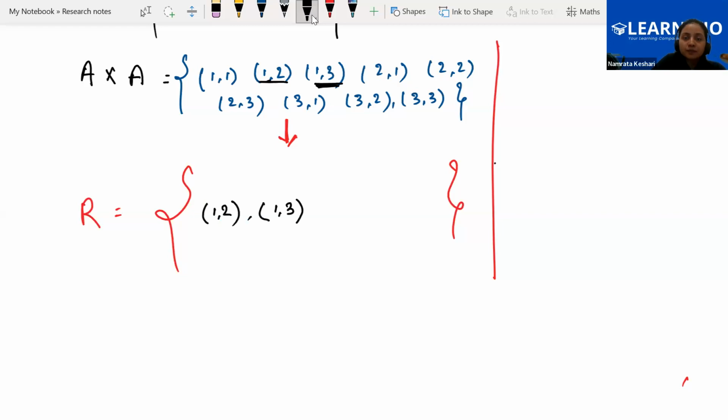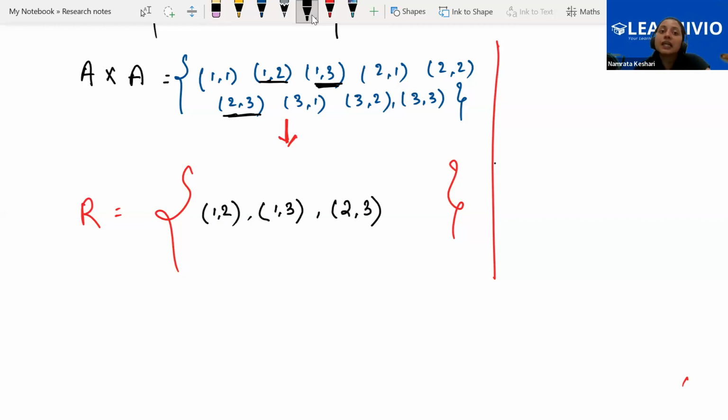Perfect. Then 2 with 3 we can take. Then anything else? Can we take anything else where the first element is smaller than the second element? No. For the others, the first is greater than or equal to the second.